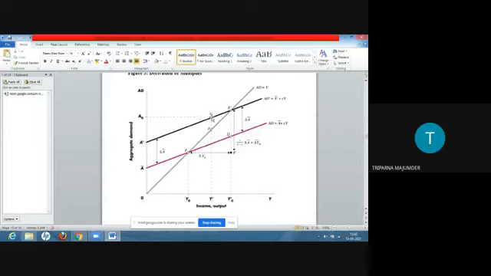So here, GF is the amount by which demand exceeds the output. So there will be a tendency of inventories to fall, as a result of which producers will increase output. This process will continue till we reach the new equilibrium point E dash.